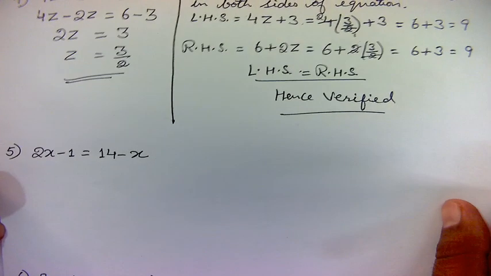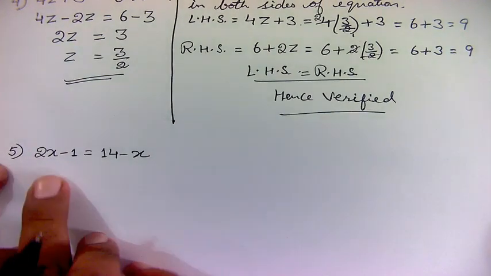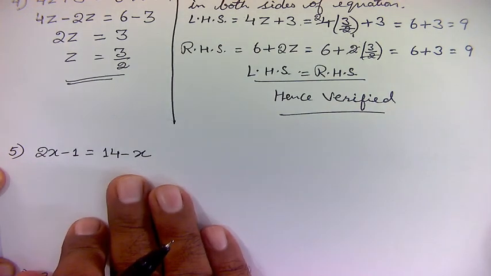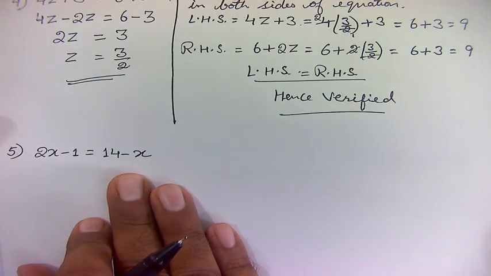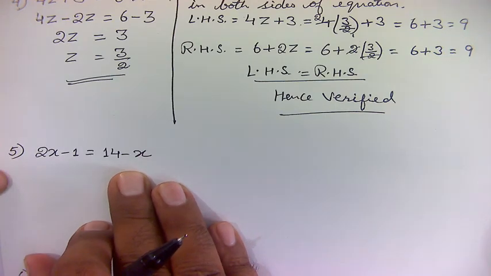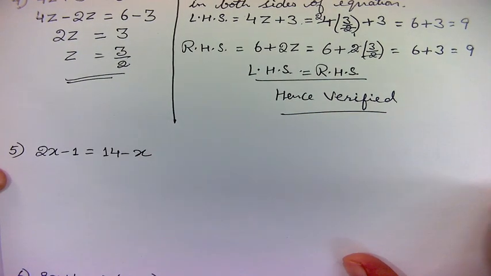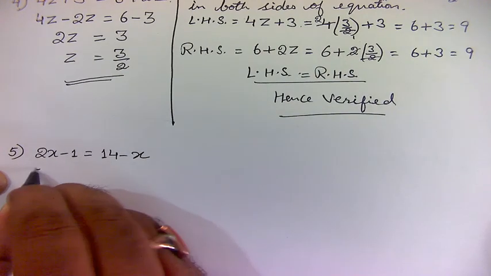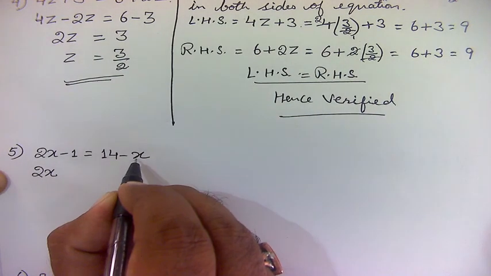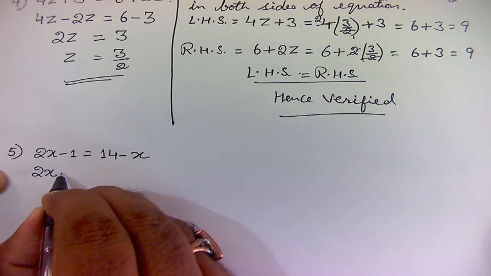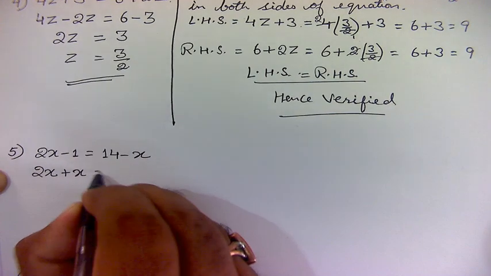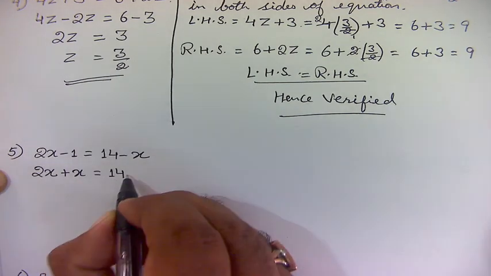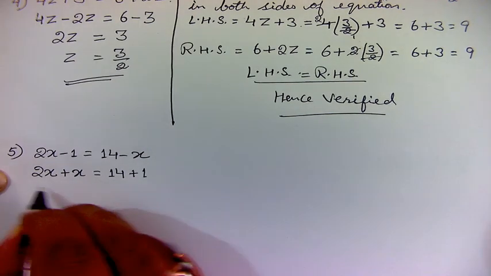Question number 5. Now question number 5, the equation is 2x minus 1 is equal to 14 minus x. So again here simplify it by taking the variables to one side and the constants to the other side. So minus x shifted to the left side will become plus x, equals to 14 minus 1 to the other side will give you plus 1.